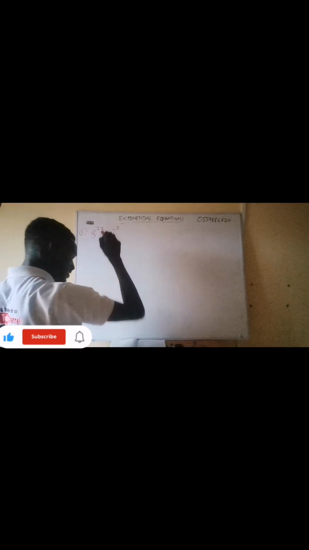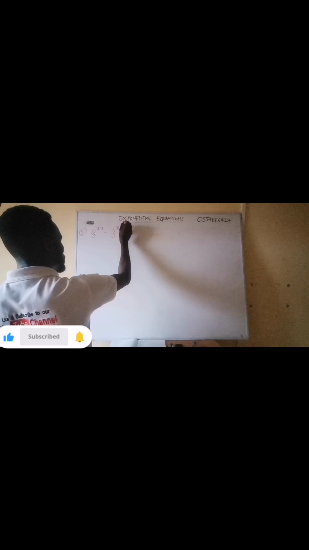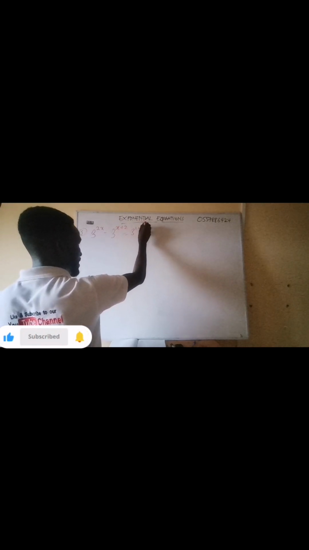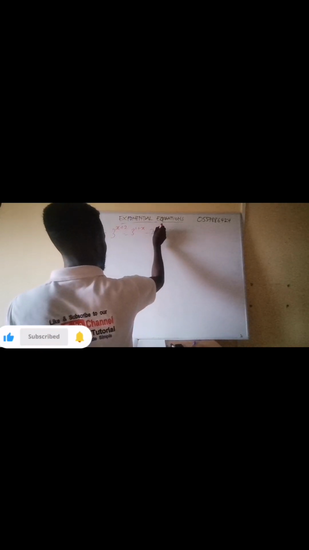Now question 5. I have 3 exponent 2x minus 3 exponent x plus 2 equal to 3 exponent 1 plus x minus 27.